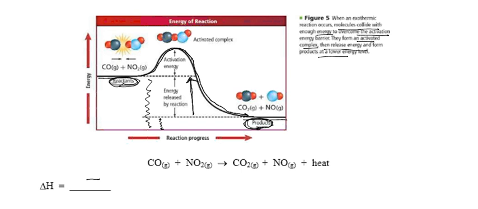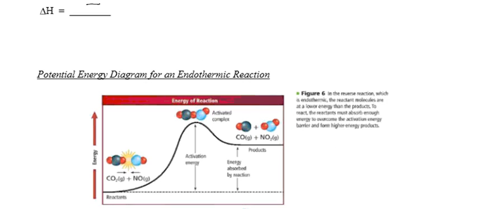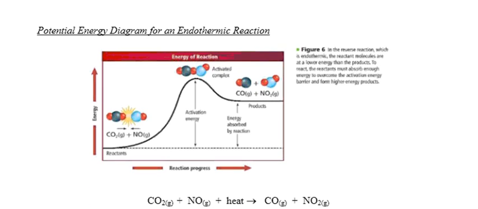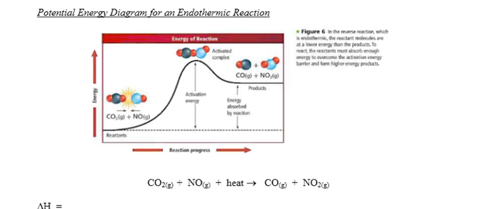As you can imagine, if we have an endothermic reaction, basically everything is going to be the opposite. The reactants do not have a lot of energy to begin with. They absorb a lot of energy to get to the activated complex.